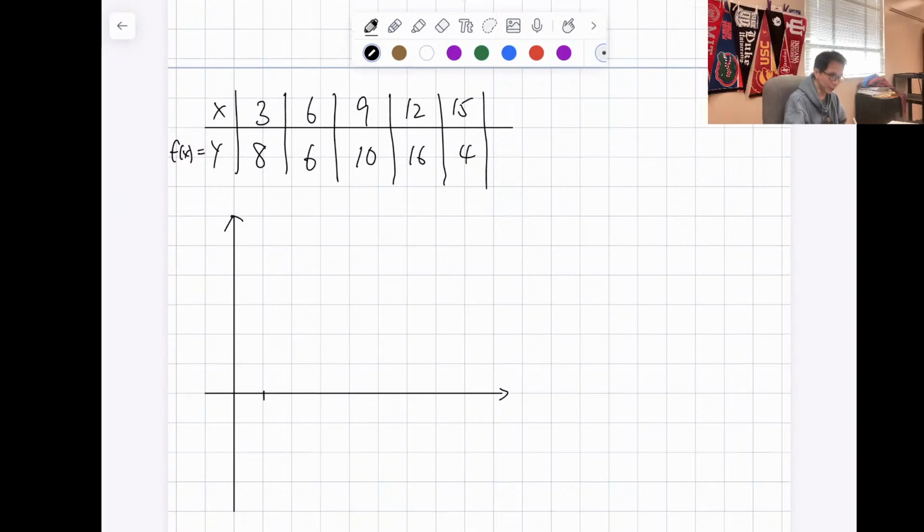Is that okay? So this is 3, 6, 9, 12, and 15. I'm going to approximate a value. The first one is 8, so roughly this 2 spaces is 8. I'm going to write down 8 right next to it.